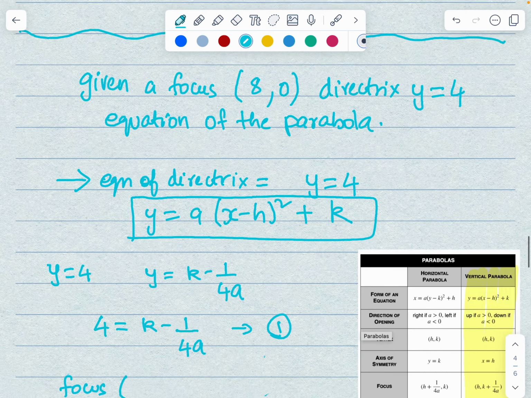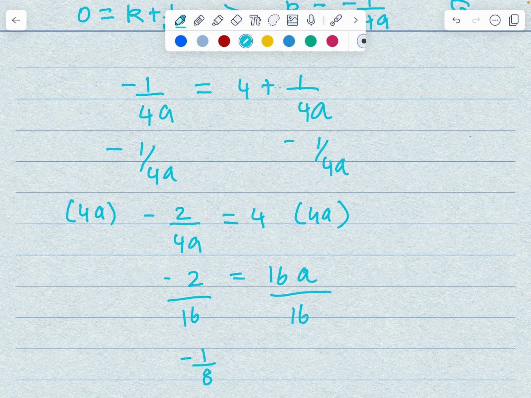So therefore, I can say that -1/(4a) = 4 + 1/(4a). So I subtract on both sides. I will get -2/(4a) = 4, and I multiply by 4a on both sides. So -2 = 16a, and then I divide by 16 and I get a = -1/8.